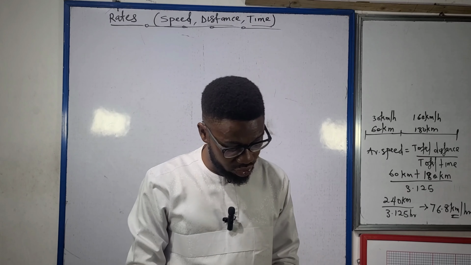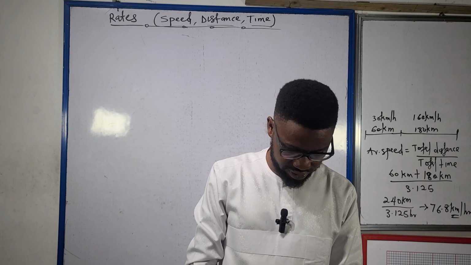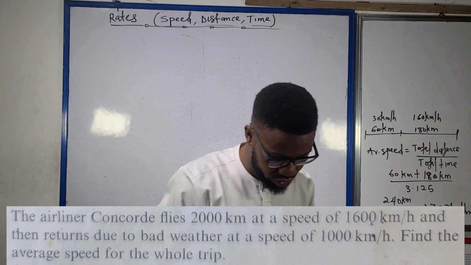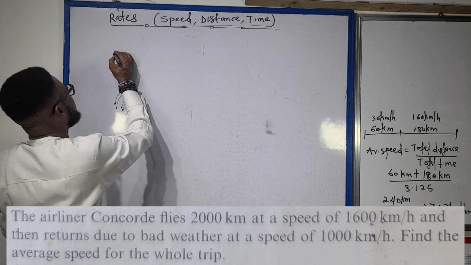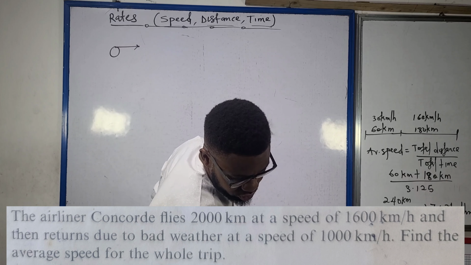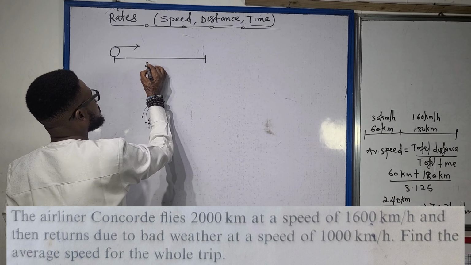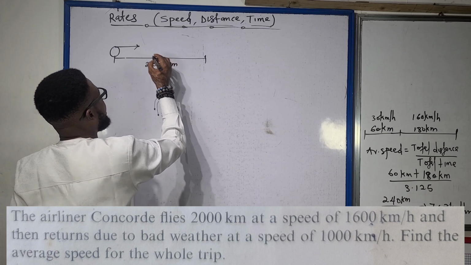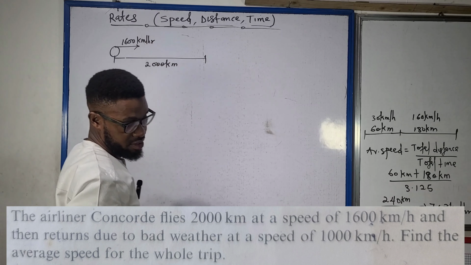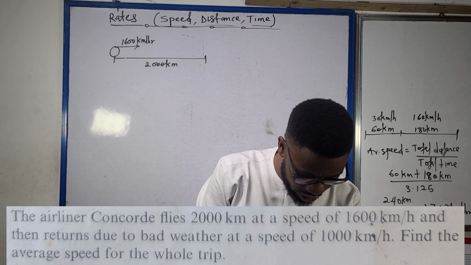So moving on, we have another question. As you can see on your screen, it says the airline Concorde flies 2,000 kilometers at a speed of 1,600 kilometers per hour and then returns due to bad weather at a speed of 1,000 kilometers per hour. Okay, let's say we have an airline Concorde. It flies 2,000 kilometers at a speed of 1,600 kilometers per hour.